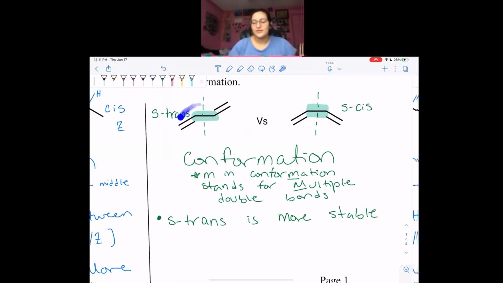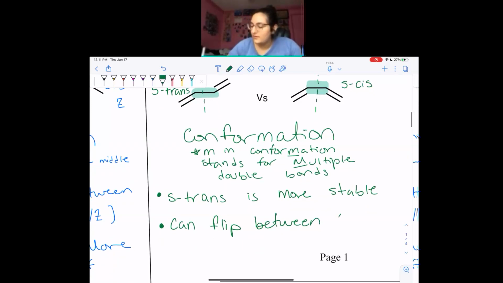Sterics, it's more stable when we have the two groups pointing opposite sides because they're big, bulky groups. The other thing I want you to remember is that we have a single bond in the middle, and single bond has free rotation. So we can flip between conformations.